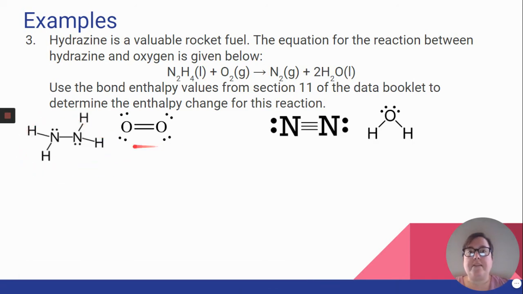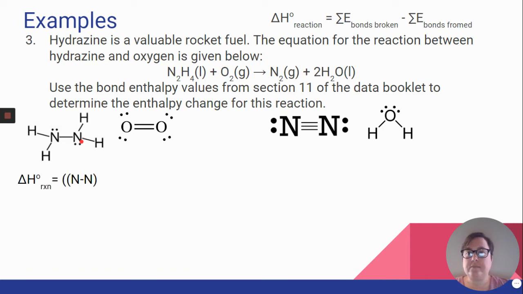We have our diatomic oxygen, and then on the other side, our diatomic nitrogen is a triple bond, and then we have our water. So then we look and see what are the bonds broken and what are the bonds formed. So first we have a nitrogen to nitrogen single bond, and then we have 4 nitrogen-hydrogen bonds, and we have 1 oxygen double bond.